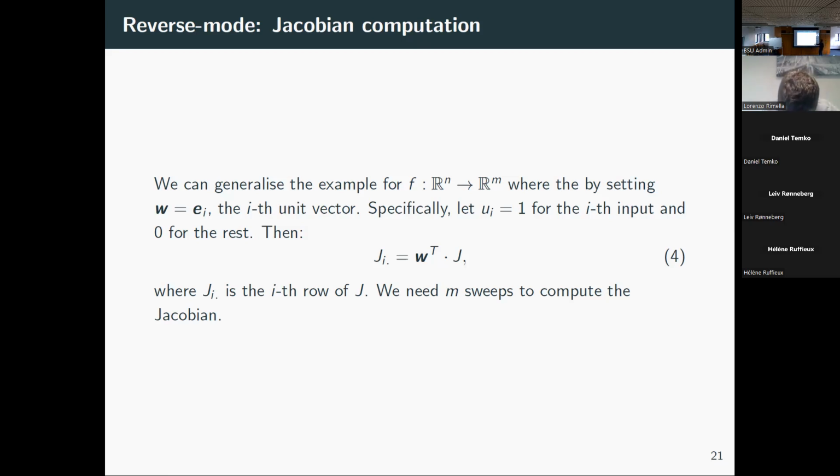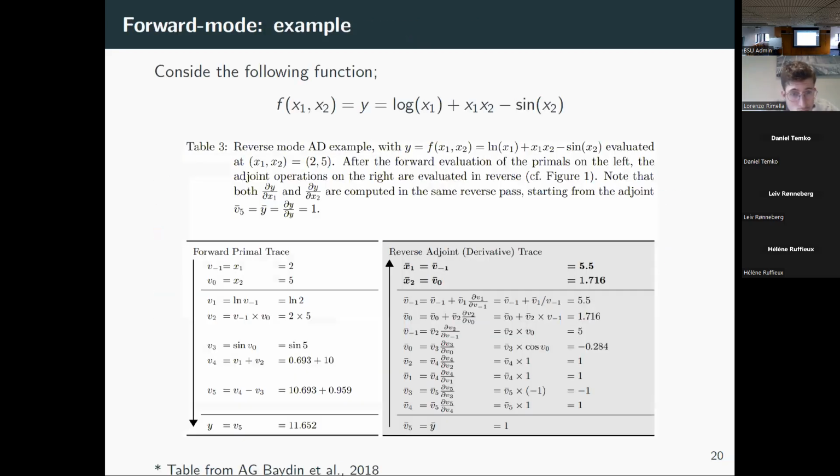The other thing is that, remember in forward mode, you are evaluating both the derivatives and the function value together. Here you do your forward trace and then you back propagate. But that means you have to save, and remember, all these adjoints are getting multiplied, so you have to save all those adjoints.